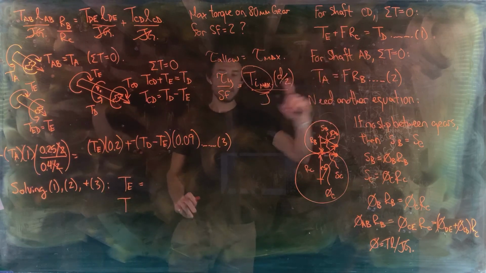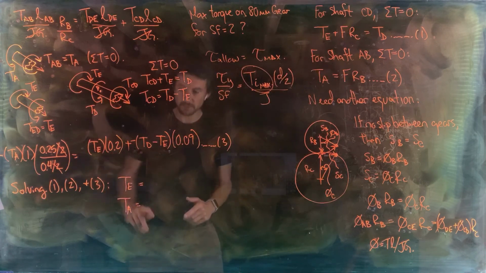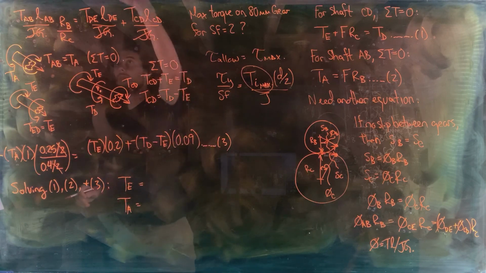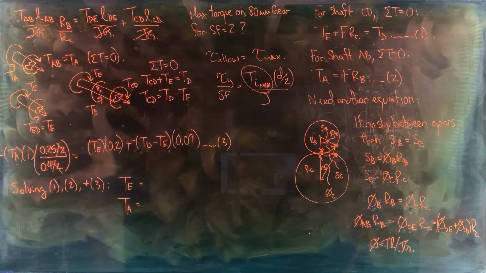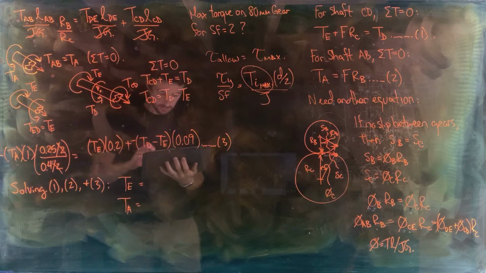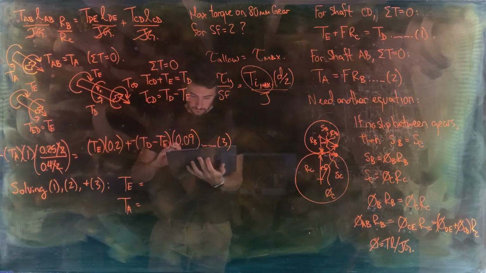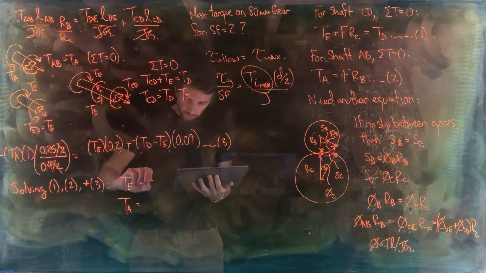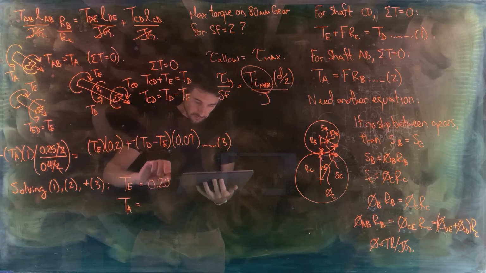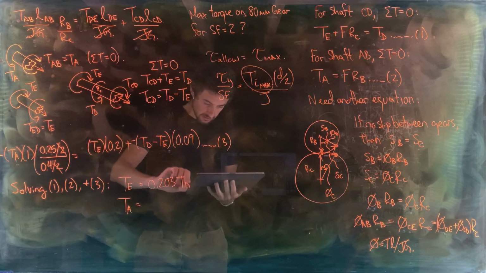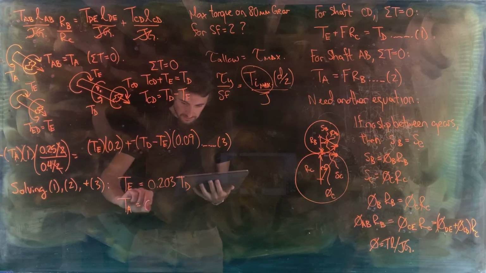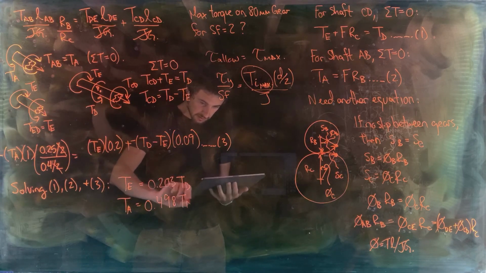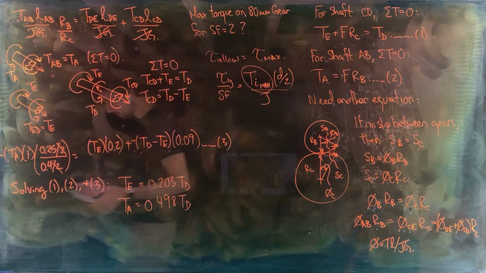We want those both in terms of our applied torque, TD. So let's see what I got when I did the math on that. Okay, I got TE equals 0.203 TD, and TA is 0.498 TD.